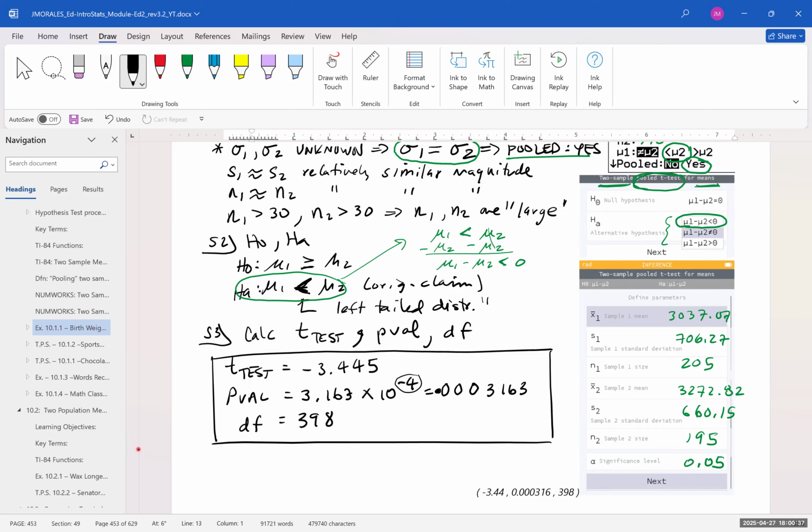Often what I see students do is when they see 3.163, and then it says E negative 4, they just ignore this because they don't really know what it means. And so they think 3.163 is their number. You can't ignore this. Because by ignoring that, you're ignoring a factor of 10,000 to your number. And that's a large thing to ignore, right?